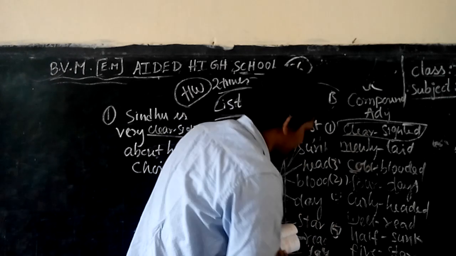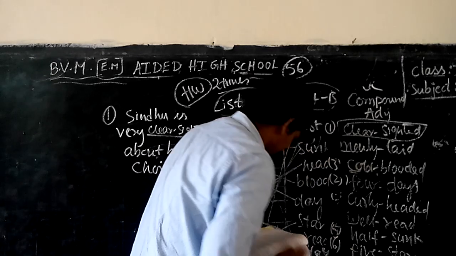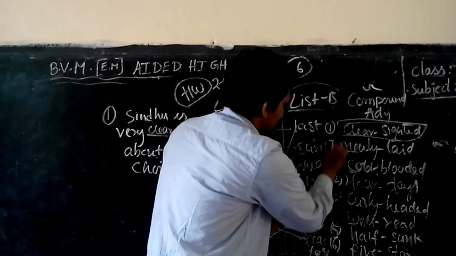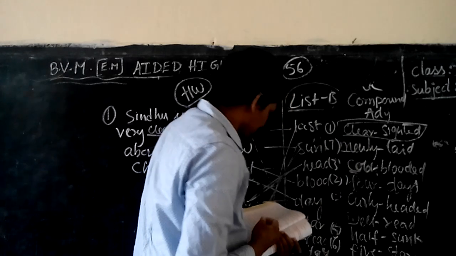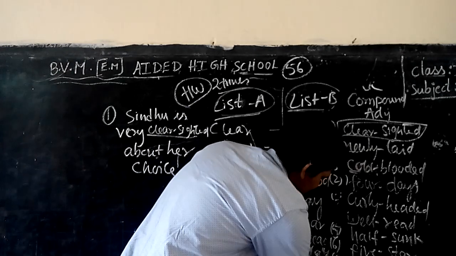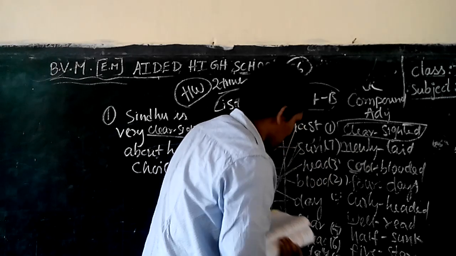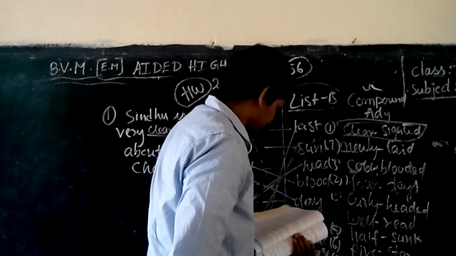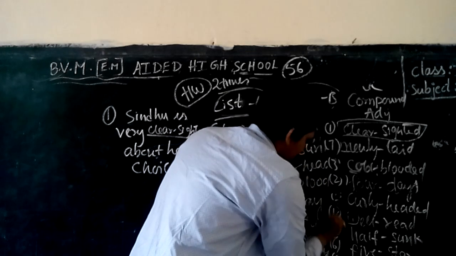Sixth one is the 5 star. Seventh one is newly laid. Eighth one peacock blue. Ninth one long lasting. And 10th one well read.